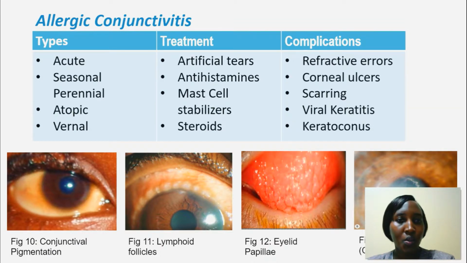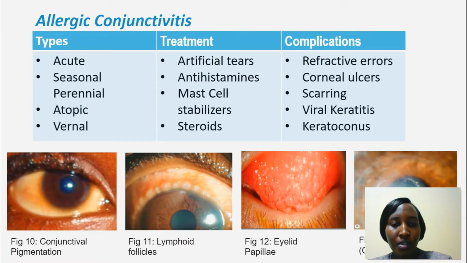Of importance to note is that allergy can lead to serious complications. Most children with allergic conjunctivitis have refractive errors, and as we have said, you can get corneal ulcers and scarring.